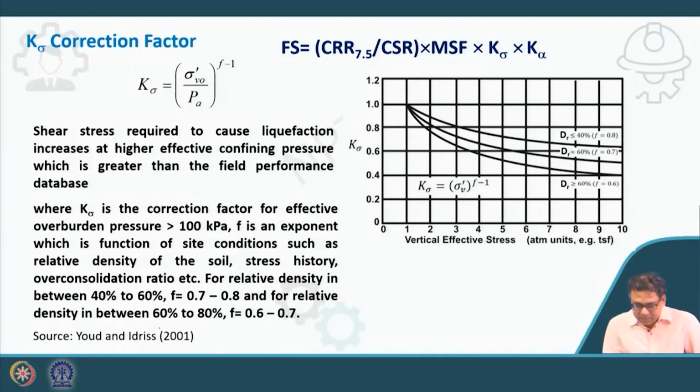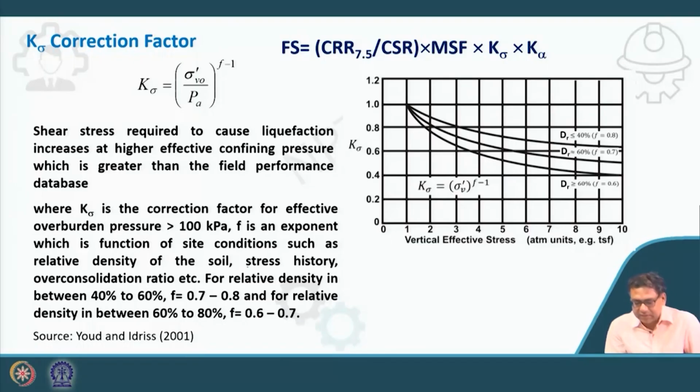In simple words, for 40% relative density I will take F equal to 0.8, for 60% relative density I will take F equal to 0.7, and for 80% relative density I will take F equal to 0.6.